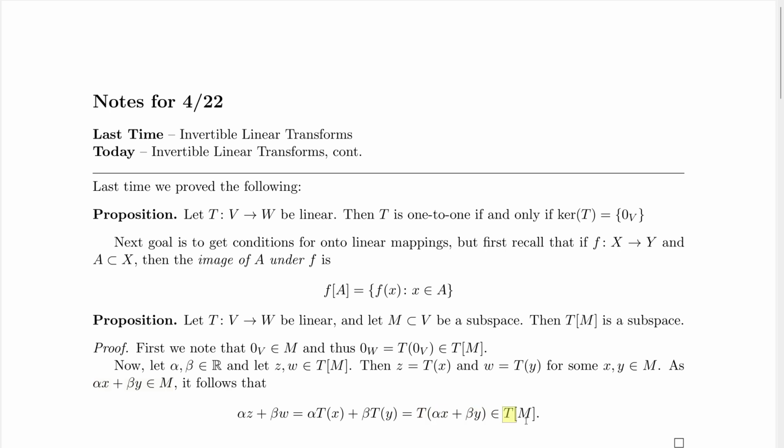So this thing lives in the image of M under T. Two elements that live in the image, and any linear combination of them remains in the set, so we know we have a subspace.